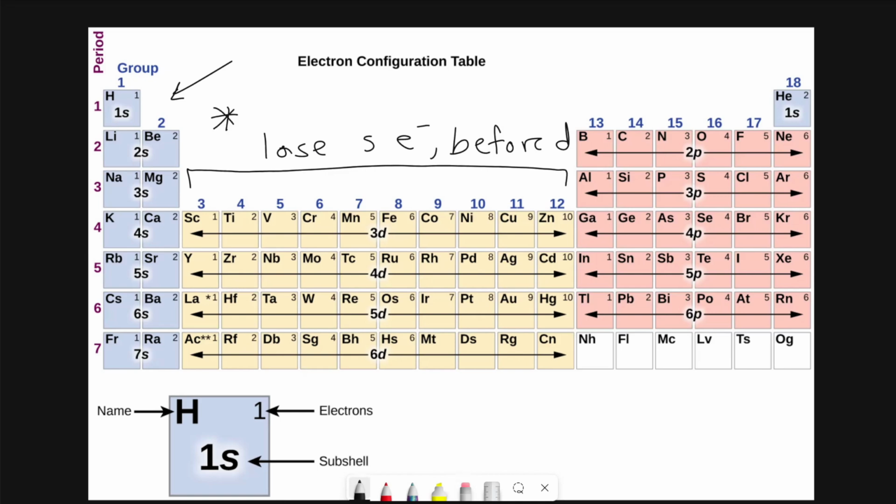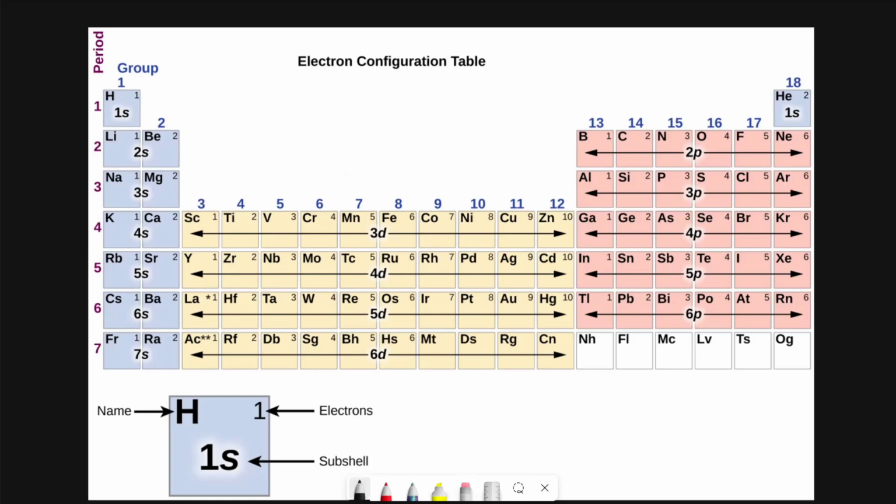And so that makes them far more tricky to predict. Once we hit group 13 and onward, besides helium, then we're going to be within the P block, and you can expect the highest energy valence electrons to be located in the P subshell.